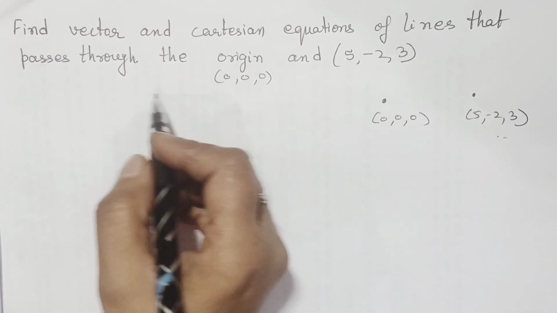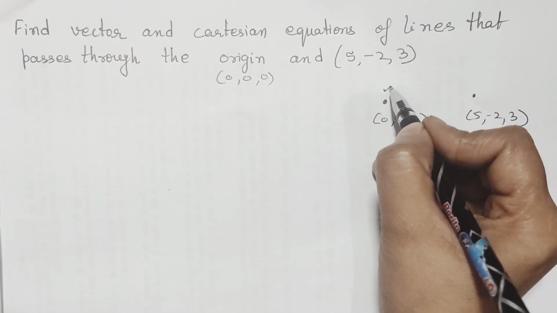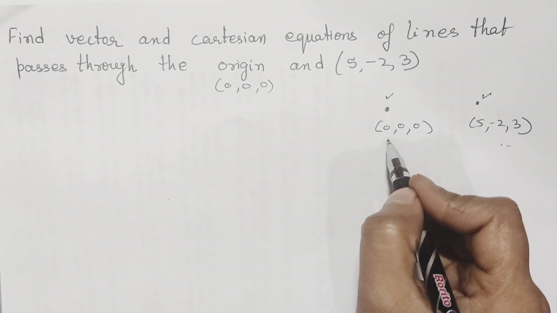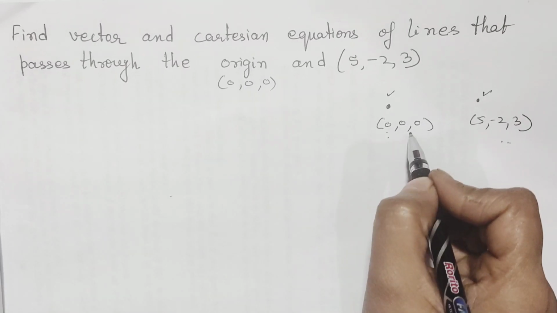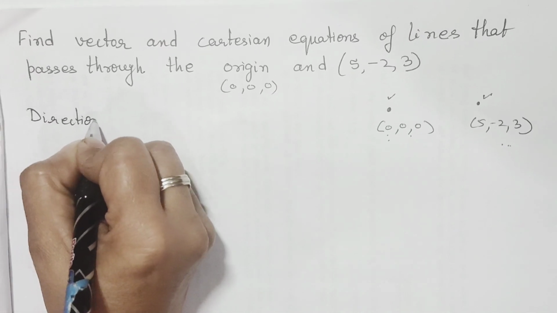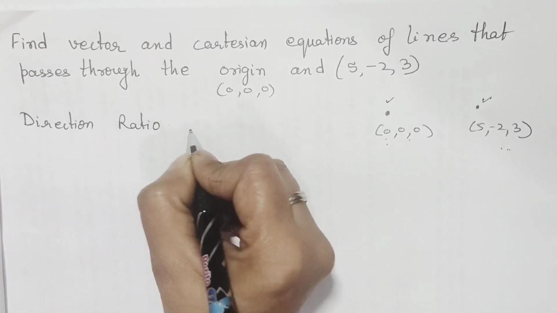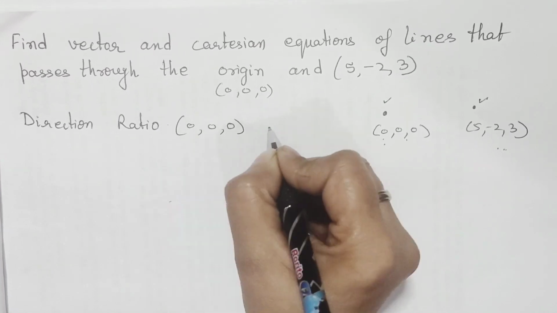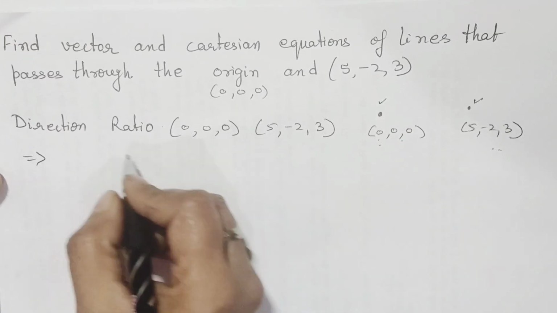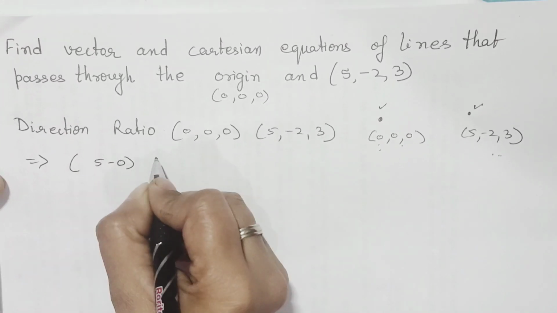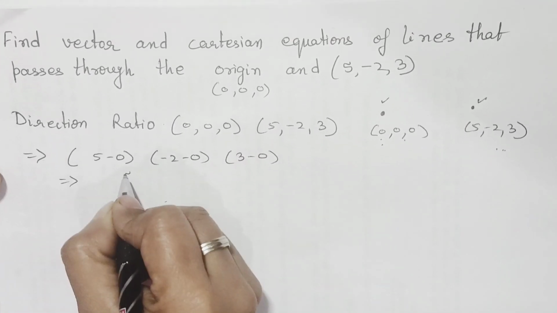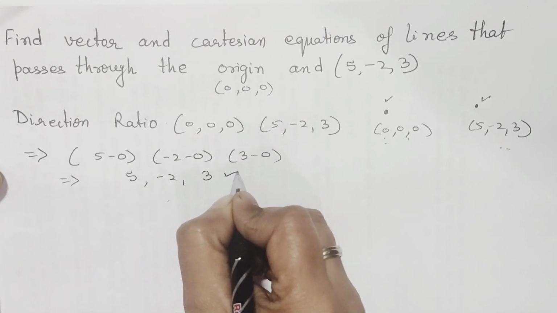Firstly, I will take any one of the points. Firstly, we find the direction ratio. Here it is 0, 0, 0 and here it is 5, minus 2, 3. So to find the direction ratio, we use 5 minus 0, minus 2 minus 0 and 3 minus 0, and we get 5, minus 2 and 3. Clear?